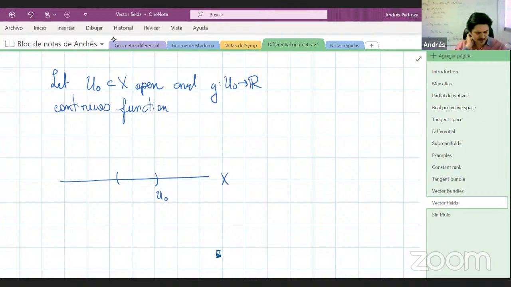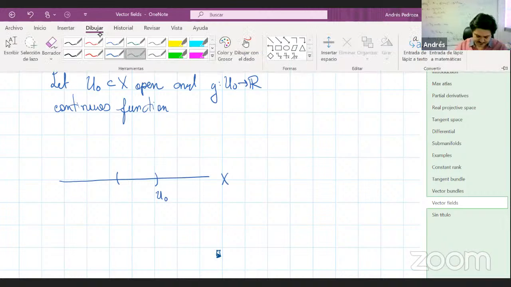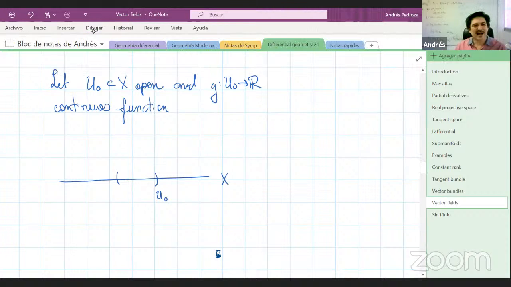I don't know if I need to make it smaller or bigger, so we will see in a second. So then consider a bigger open set that contains U naught. This is V. And then you have the bump function.